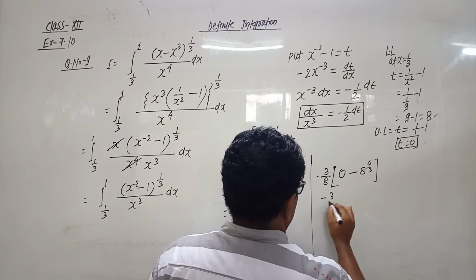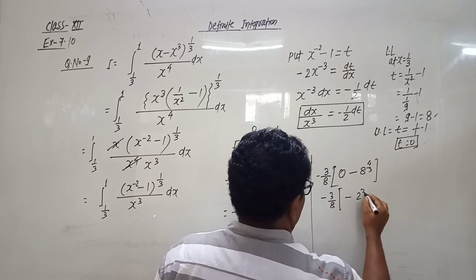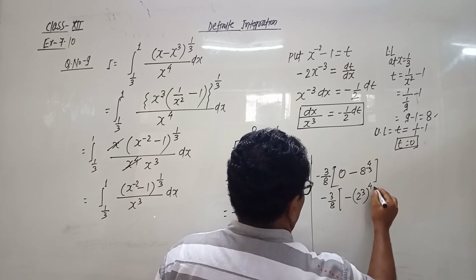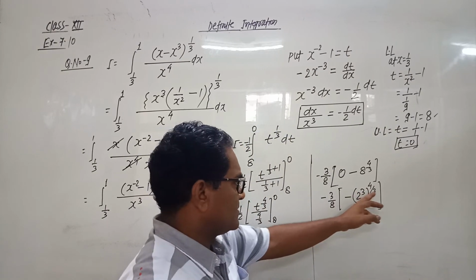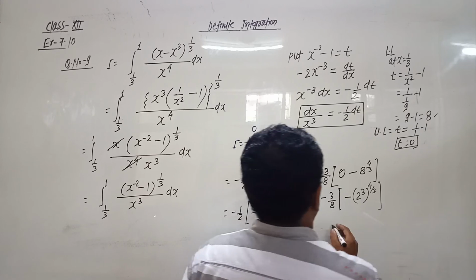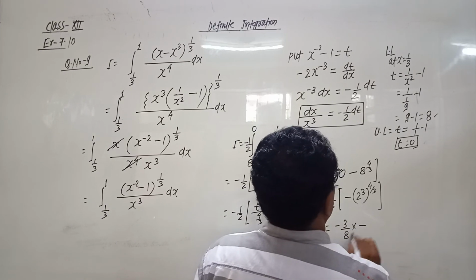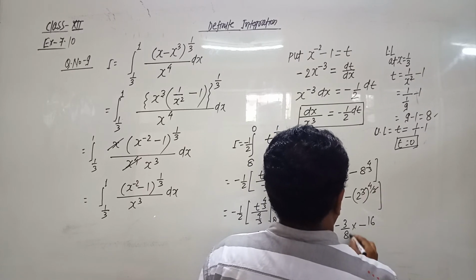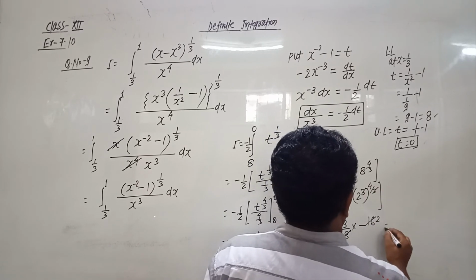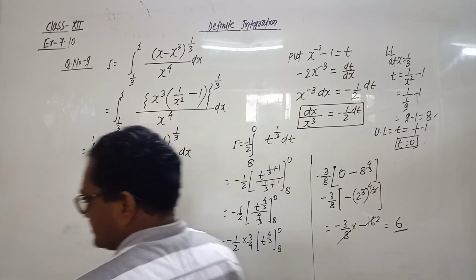So minus 3 by 8 and minus 8 can be written as 2 raised to the power 3 whole raised to the power 4 by 3. Powers get multiplied, 3 and 3 get cancelled. So minus 3 by 8 into minus, 3 and 3 cancel, and 2 raised to the power 4 is 16, 8 to the 16, minus minus plus, we get the result as 6.